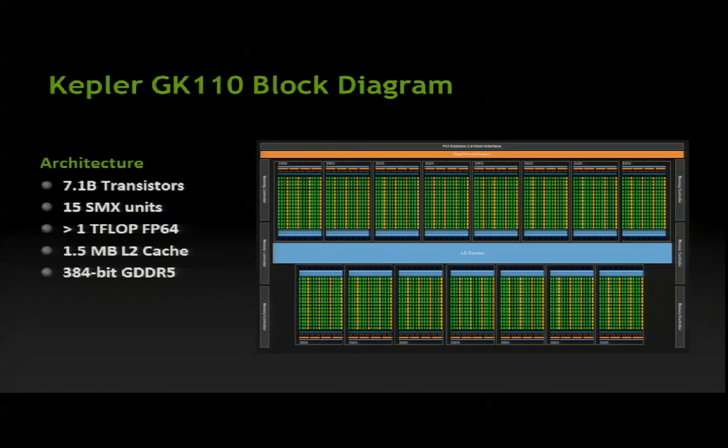Now, the different products that are being produced with this one chip differ in the number of streaming multiprocessors that you have. So while a GK110 chip can have up to 15 streaming multiprocessors, the products that are being sold have either 14 or 13 or even fewer streaming multiprocessors.